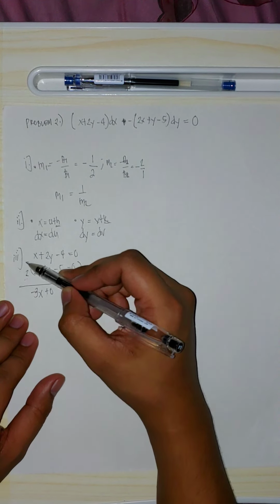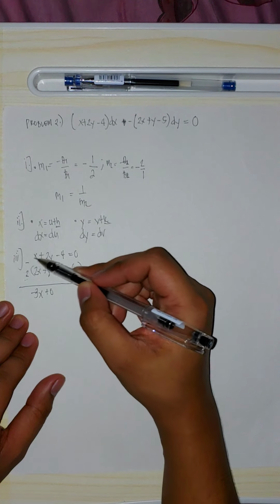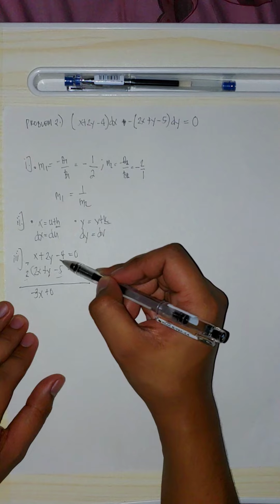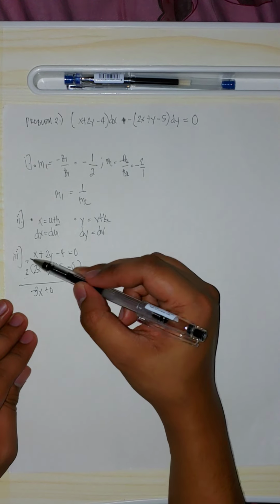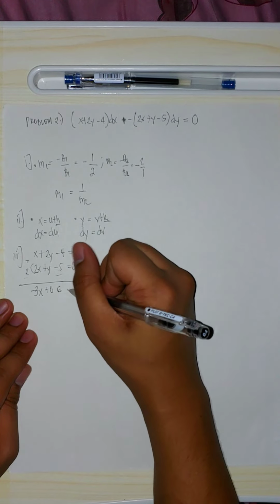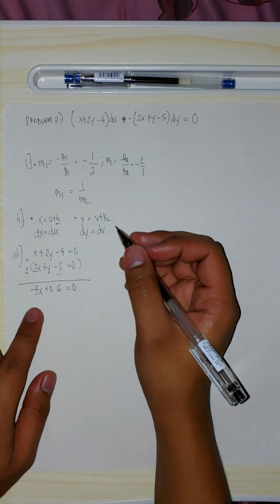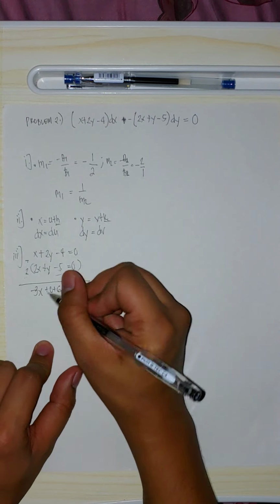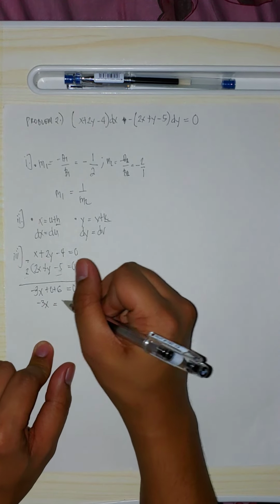Negative 4 minus negative 10 becomes negative 4 plus 10, so that is 6 equals 0. We already have negative 3x plus 6 equals 0, so negative 3x equals negative 6.